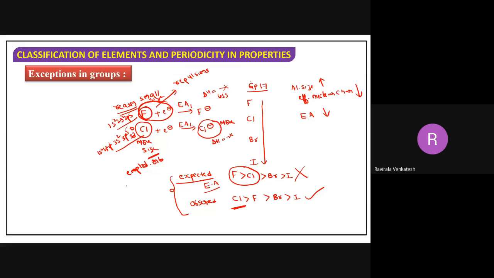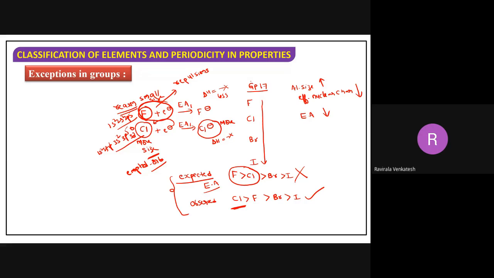There is an empty d orbital and size is also more here. So when size is more, the electron easily will add here. So repulsions are very less. The repulsions are minimized because of empty d orbitals and more size. So this is the reason chlorine is having more electron affinity.